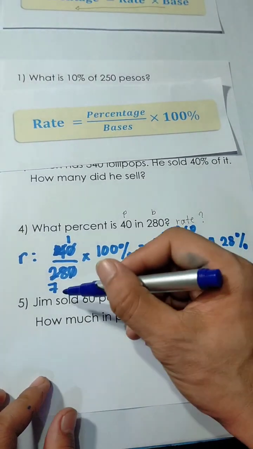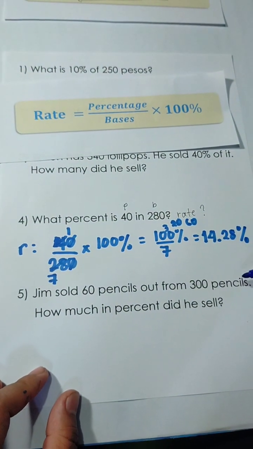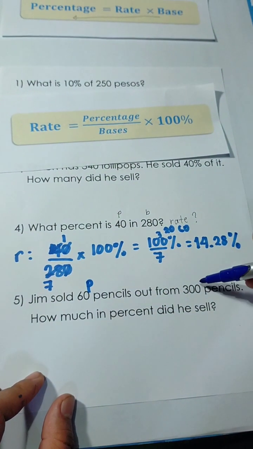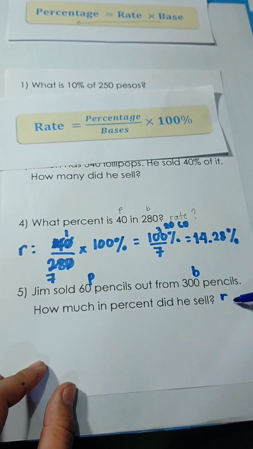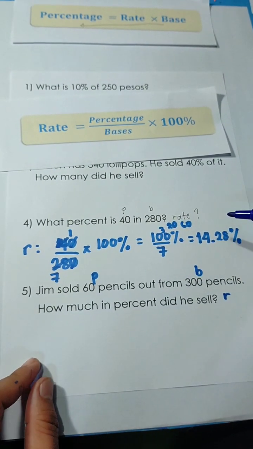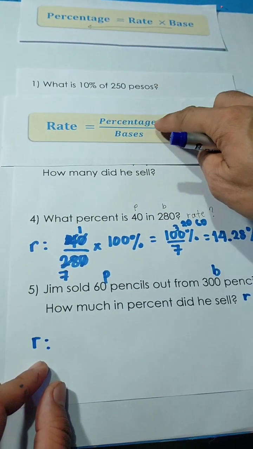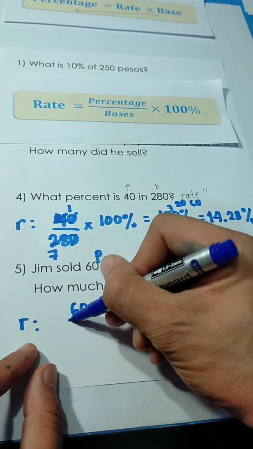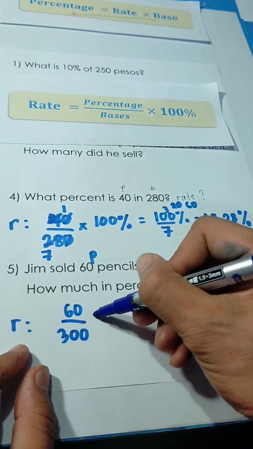Number 5. Jim sold 60 pencils out of 300 pencils. So this is our percentage. 300 pencils is our base. And we're looking for the rate, which is the percent. By formula, our rate is equal to percentage over base, 60 over 300.